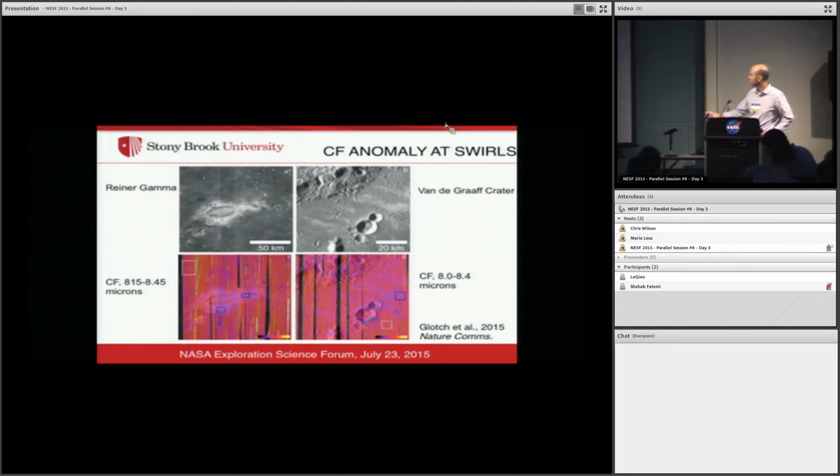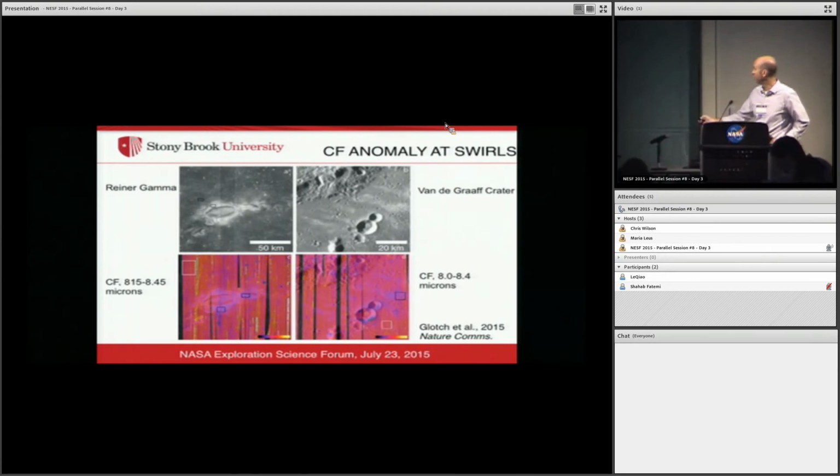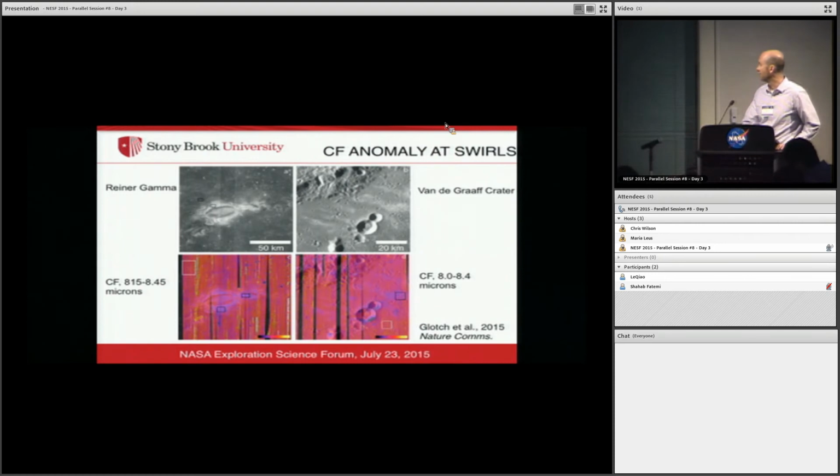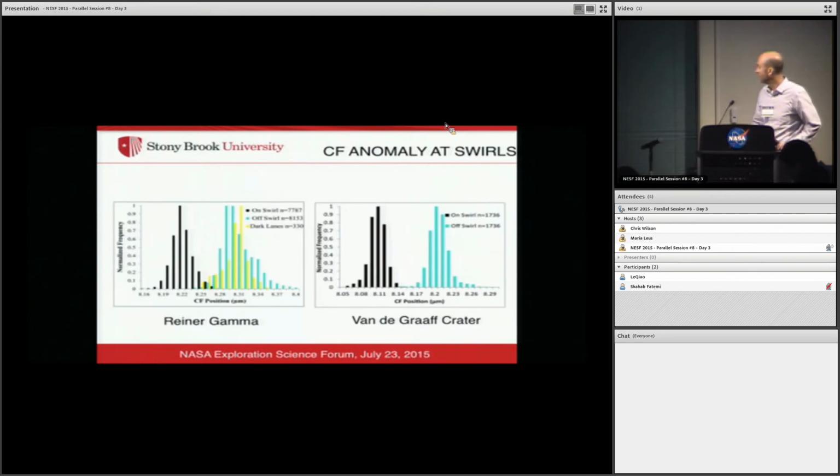The swirls generally exhibit shorter wavelength CF positions than the surrounding material. So here's Reiner Gamma, and here's Van de Graaff crater as well, which is near the Jenny swirls. And so the basic observation is that with Diviner, we see what appears to be a shift in the CF position to shorter wavelengths compared to the surrounding terrain.